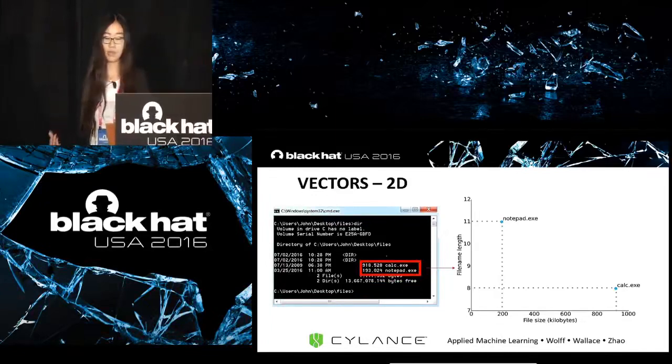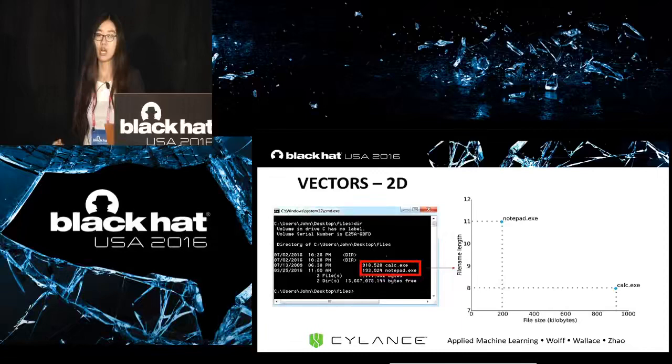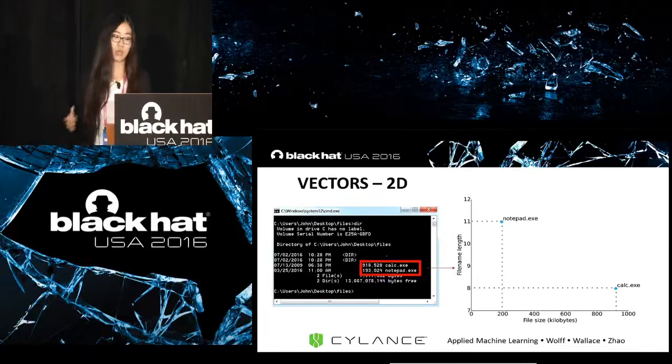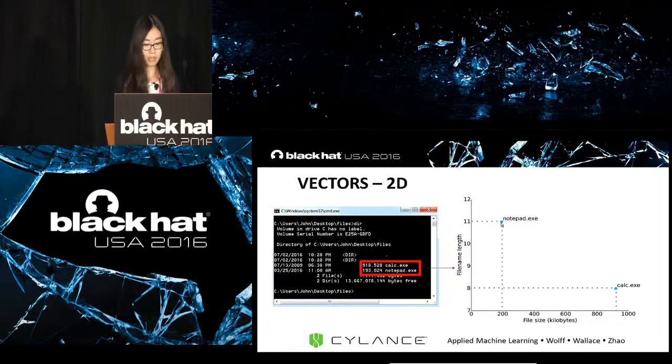It has a file name length of 11 and a file size of around 200. Then notepad.exe can be represented by this point on this two-dimensional space with a y-axis at 11 and x-axis at 200. And the same thing for calc.exe.